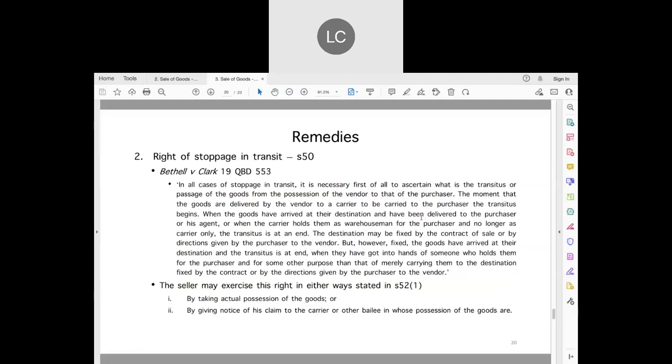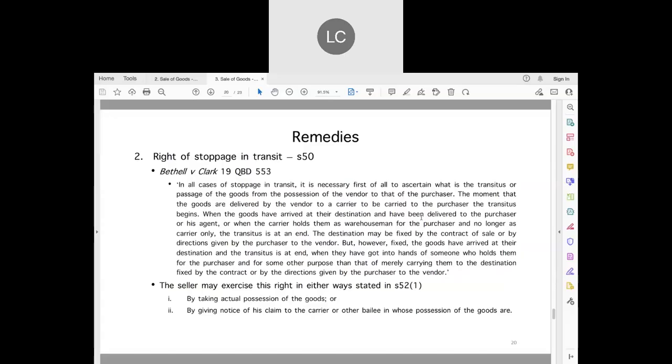So, after a proper notice has been received by the carrier, he has a duty not to deliver the goods to the buyer. Instead, he has to deliver them to the seller. And if he fails to do so, he might be liable for the tort of conversion, meaning to say, dealing or giving the property of someone to another person. Okay?